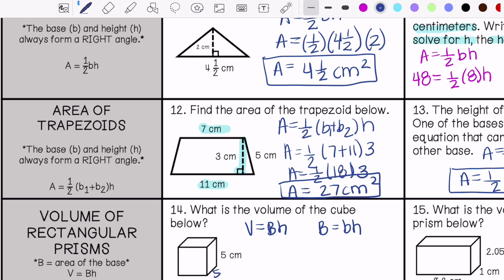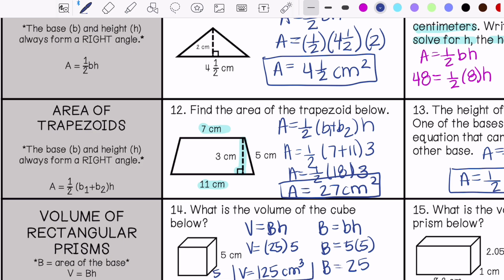My formula for a square is base times height. So that is 5 times 5. So the area of my base is 25. I'm going to plug that back into volume. So 25 times 5. So my volume is 125 centimeters cubed.